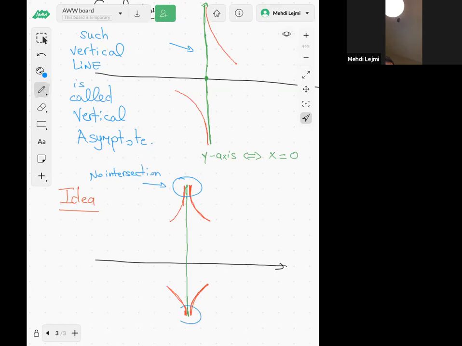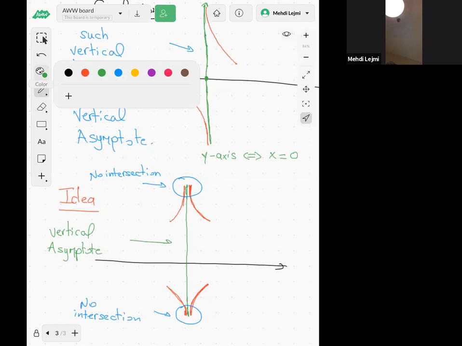Same here, there's no intersection. Such a green line is what I call a vertical asymptote. So your graph is as close as you want to the vertical asymptote, of course, at infinity here or at negative infinity here, okay?